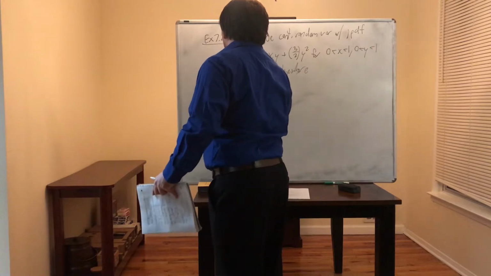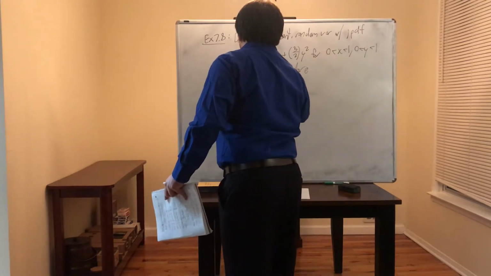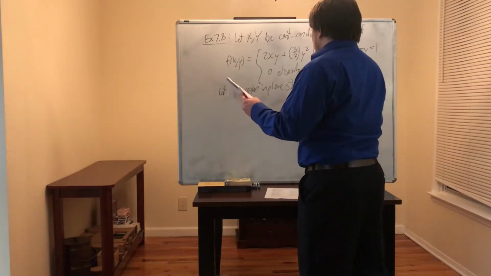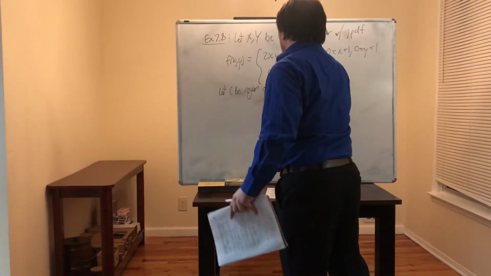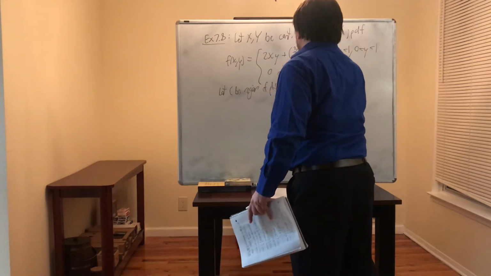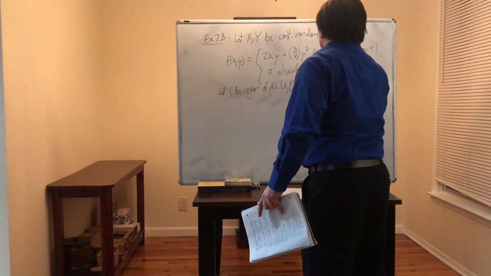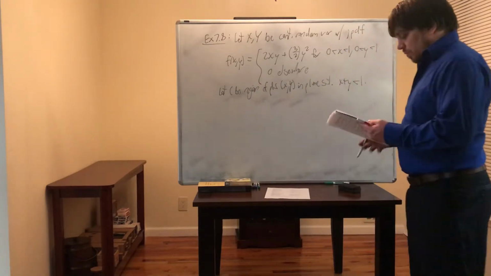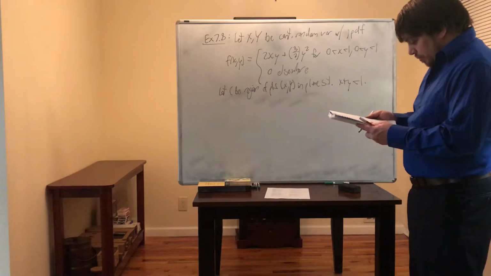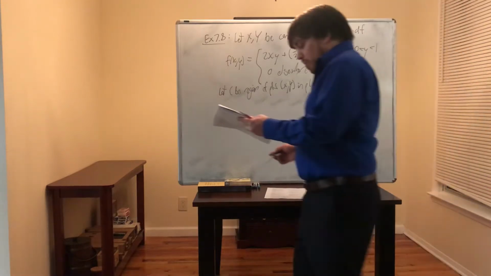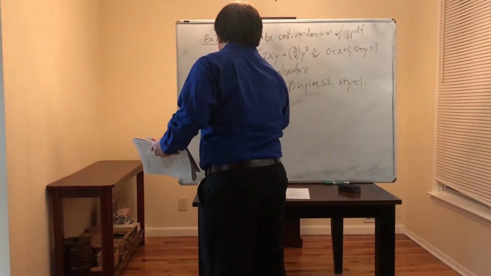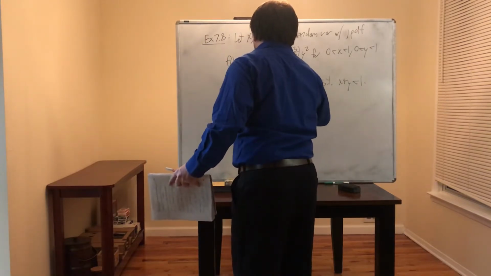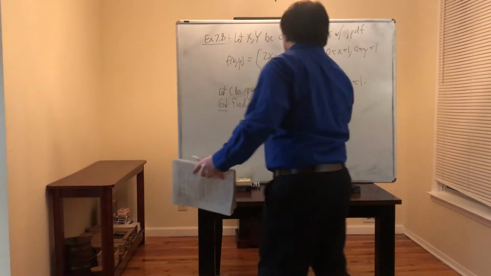Okay, and let capital C be the region in the plane, a region of points x comma y in the plane such that x plus y is less than 1. And the goal is going to be to find the probability that x comma y is in the region C.